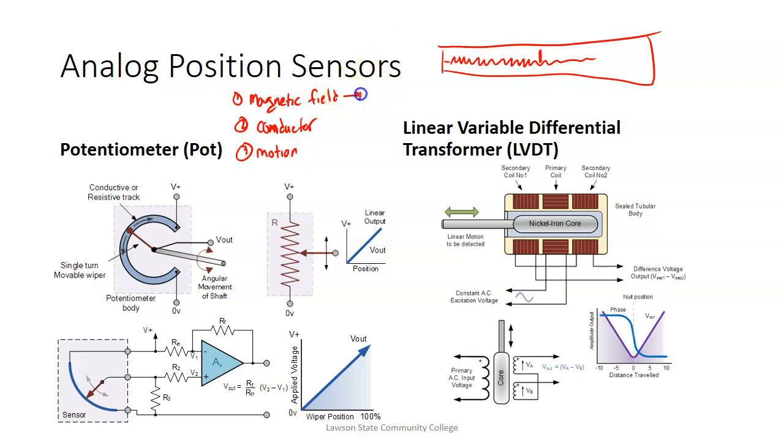What determines the amount is the strength of the field, the number of conductor loops. We loop the conductors, and you can see this on my basic little transformer here. The loops have to be in the same direction, by the way. And number three would be the speed of the motion.